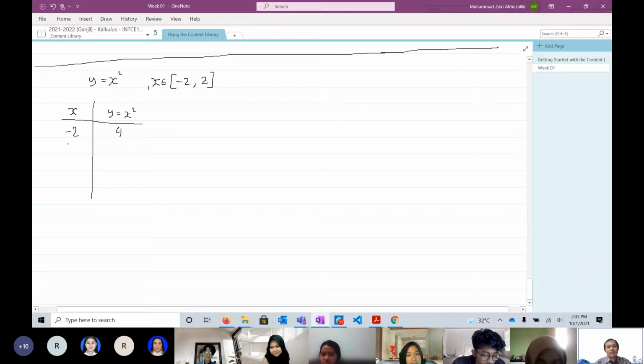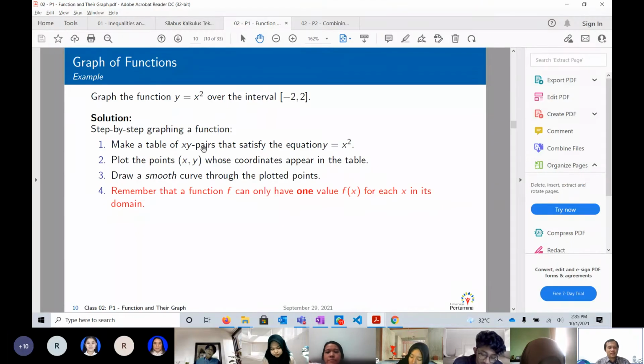Let's say we take x equal to -1, then y is 1. And then 0, 0. Let's also take 1, 1. And 2, 4. That is the first step.